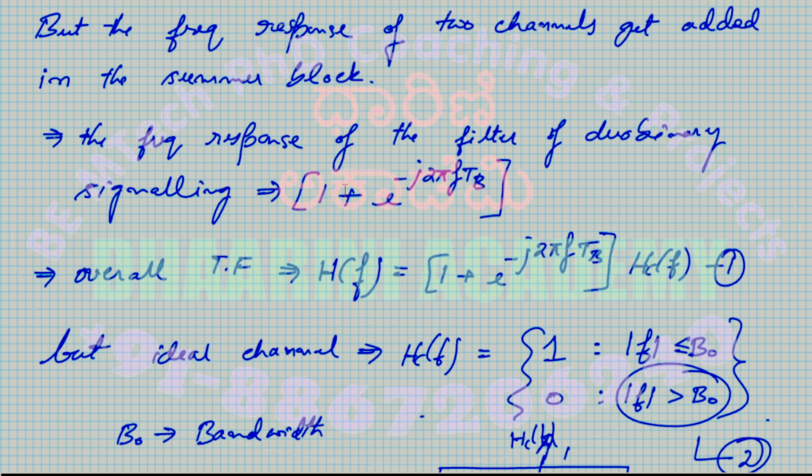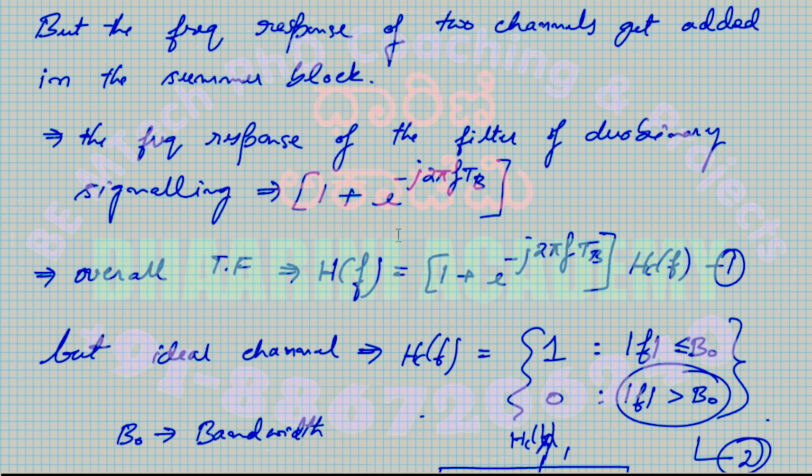One channel is directly giving you 1. The second channel gives you e to the power minus j 2 pi f TB. So the total response should be 1 plus e to the power minus j 2 pi f TB, because the Fourier representation is linear, so you can add. I'm allowed to perform this operation only because the Fourier transform is a linear function.